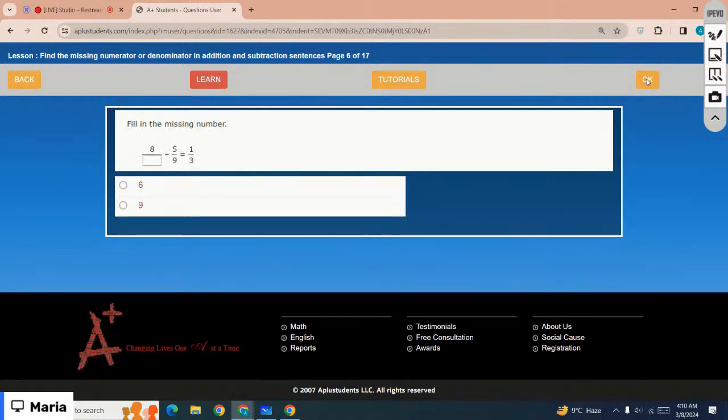Which is the correct option? 8 over the missing number minus 5 over 9 equals 1 over 3. So which is the correct option?